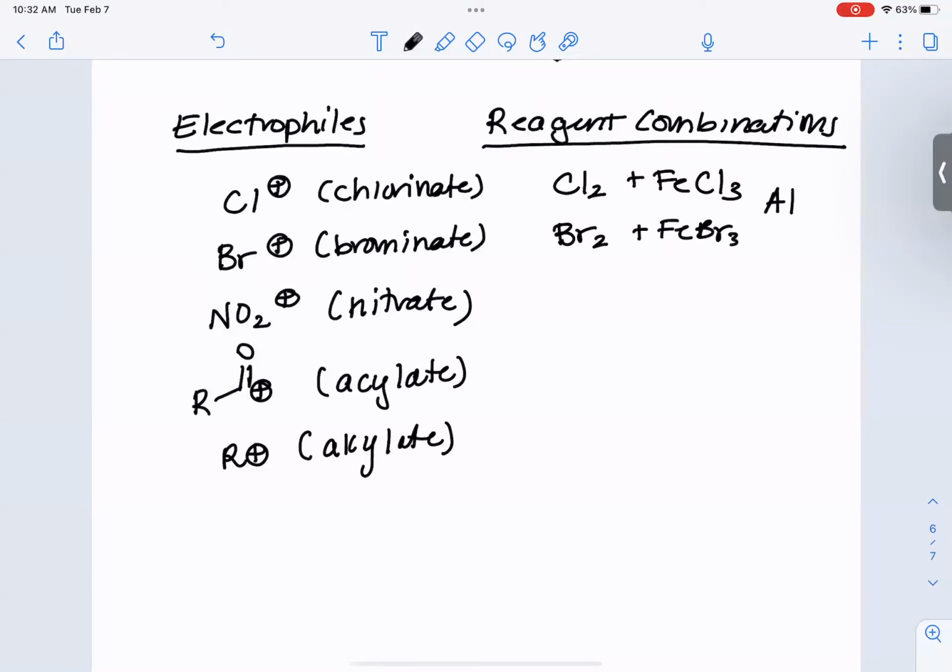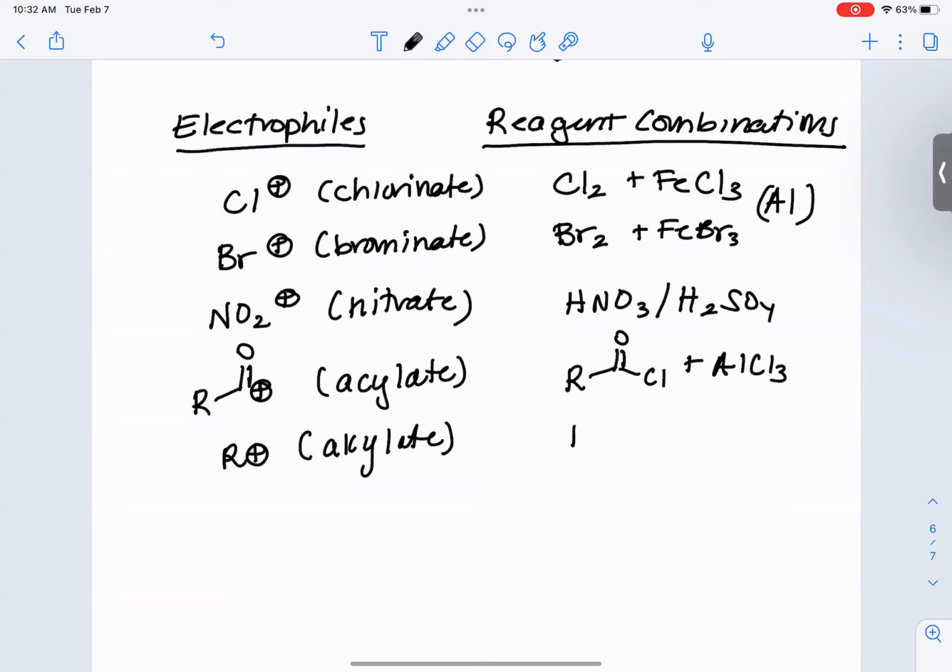You sometimes might see aluminum as well. So these reagent combinations allow us to generate an electrophile.